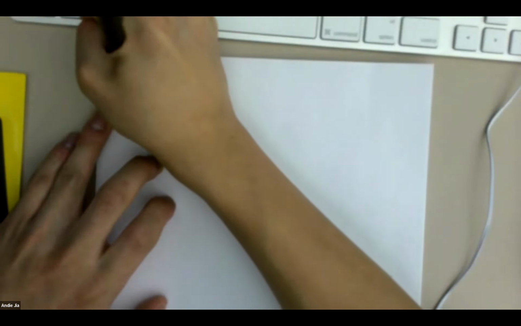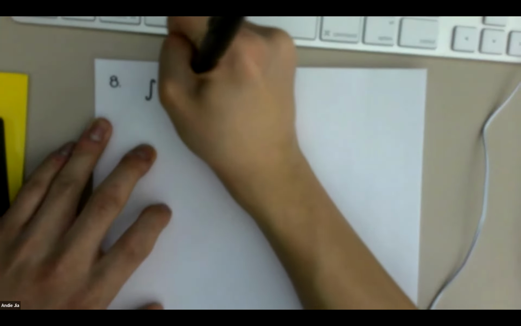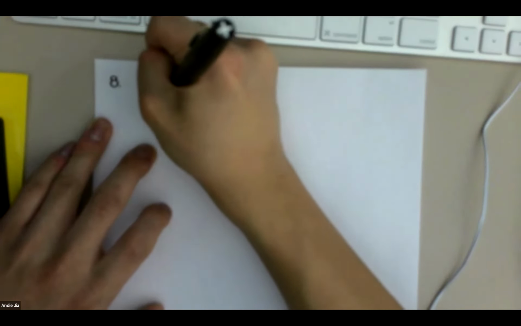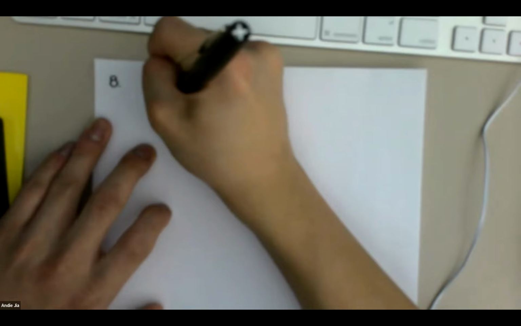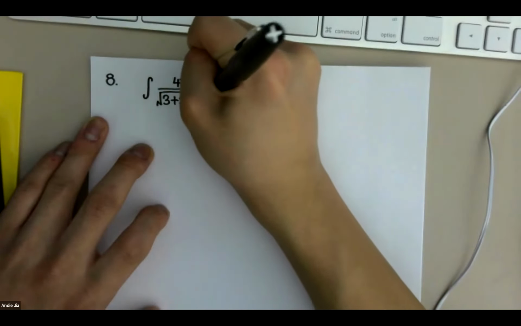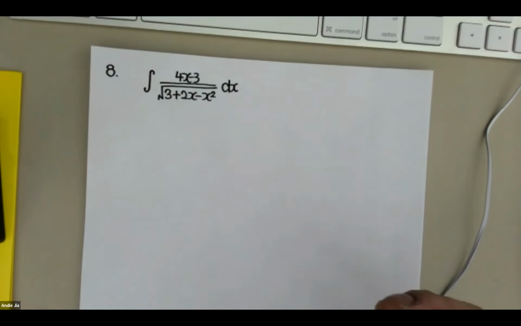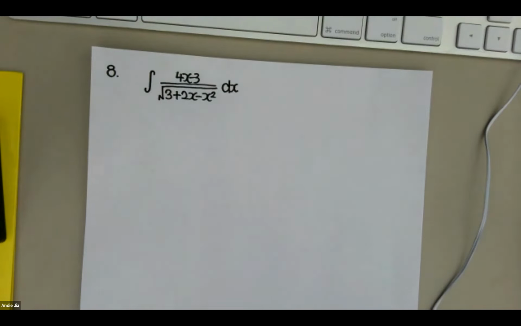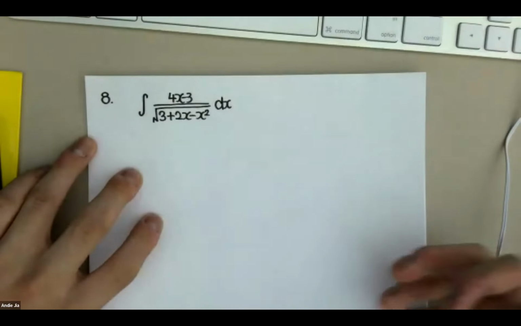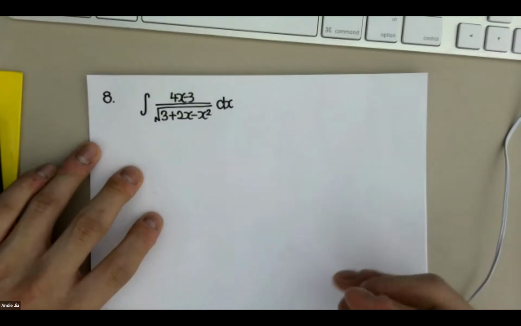So we have this integral: 4x minus 3 over the radical of 3 plus 2x minus x squared, dx. If u-substitution doesn't work, then just complete the square again. After question number 8, I will maybe pause a while. If any of you have any questions, feel free to ask me.